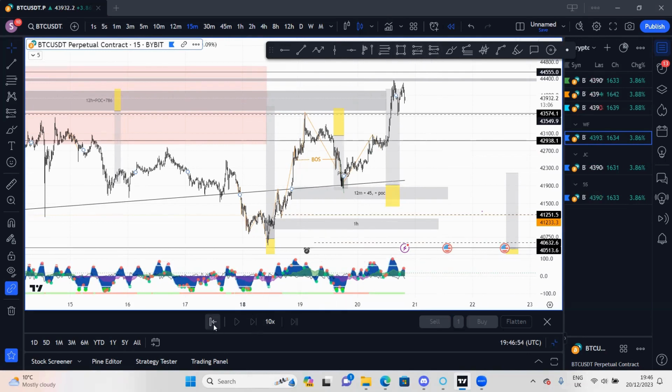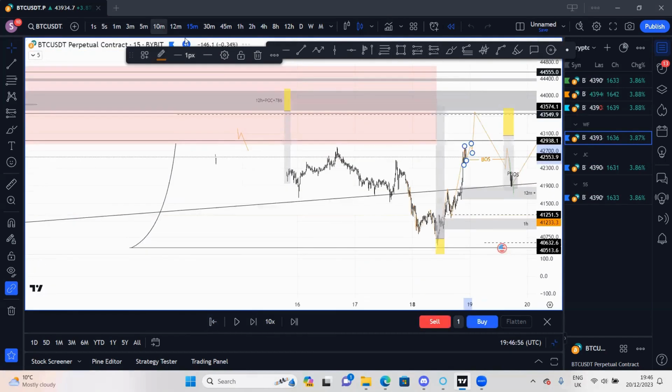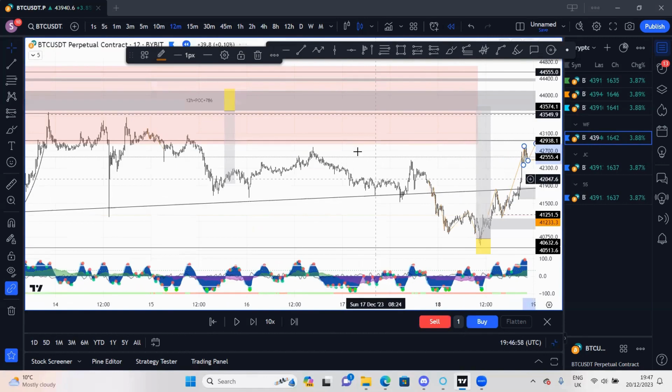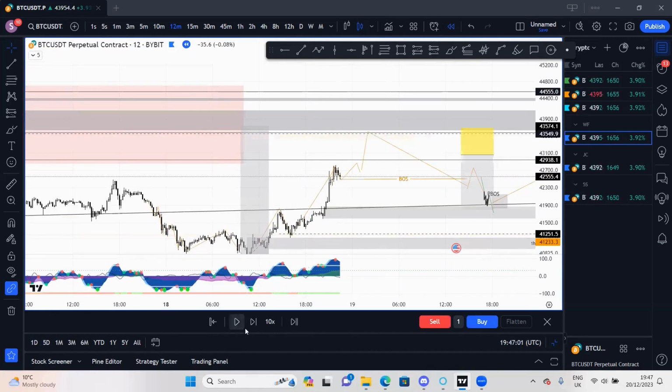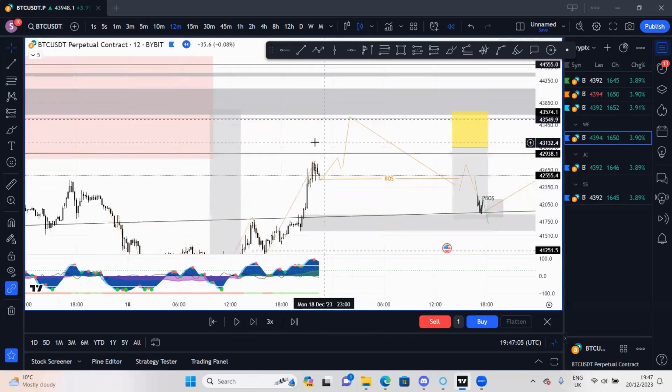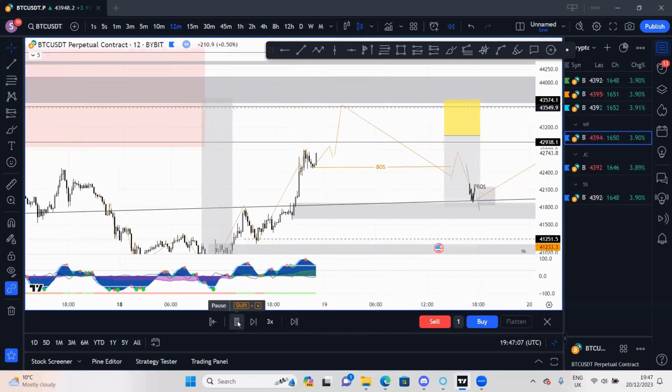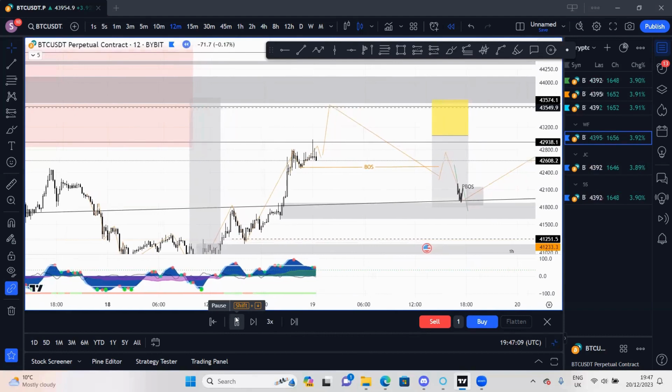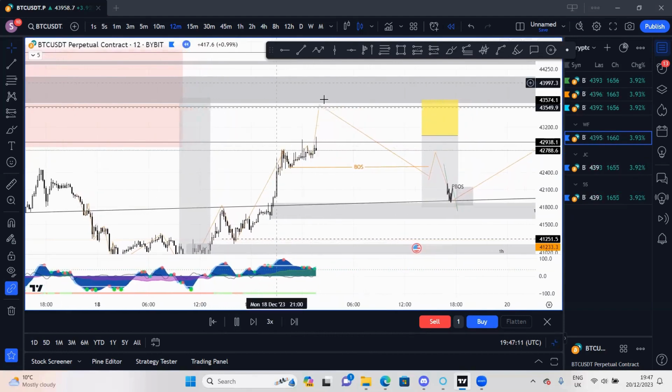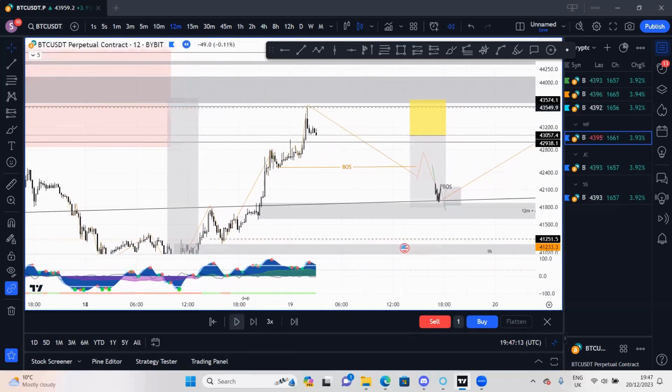Well, if we go on the 12-minute, let's reduce that to about 3 per second. We can see that as price approached our zone there is a high here, and we pause it right there.